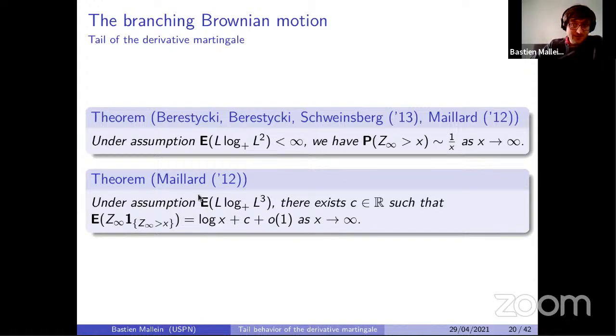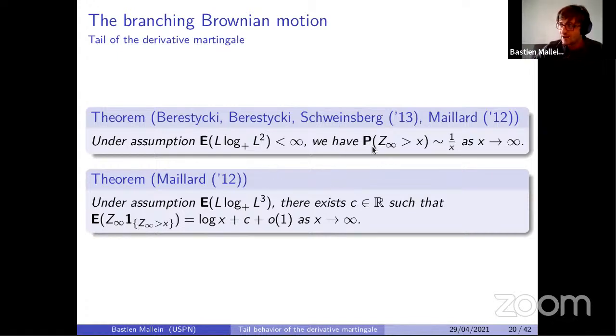So it is interesting that there is here a slight discrepancy with what happens in branching random walk settings, because in branching random walk settings, we were not able to show, and we don't believe, that the probability that the derivative martingale is larger than x automatically behaves as 1 over x. It could be that it behaves as 1 over x plus fluctuations that could be quite big, but still, we know that the expectation of D_infinity times the indicator function that D_infinity is smaller than x grows like log x.